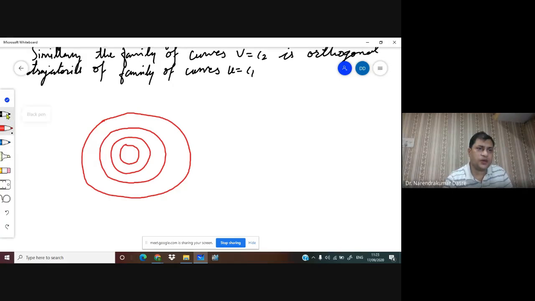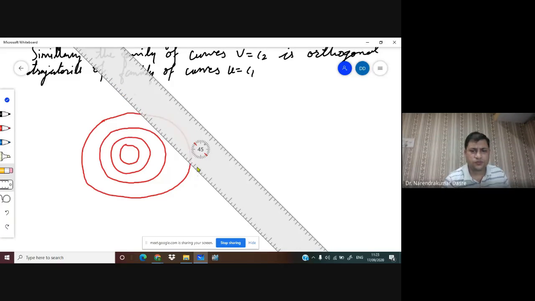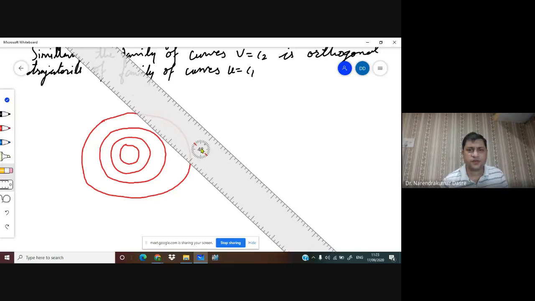I hope you are able to see these curves.